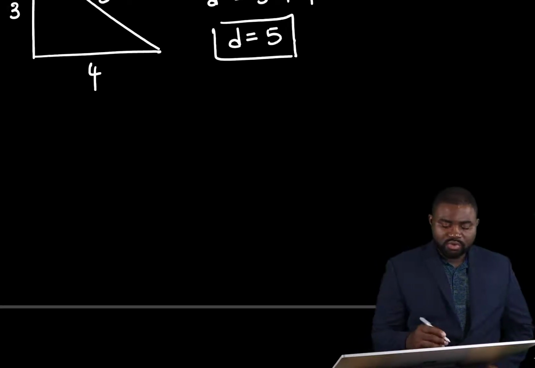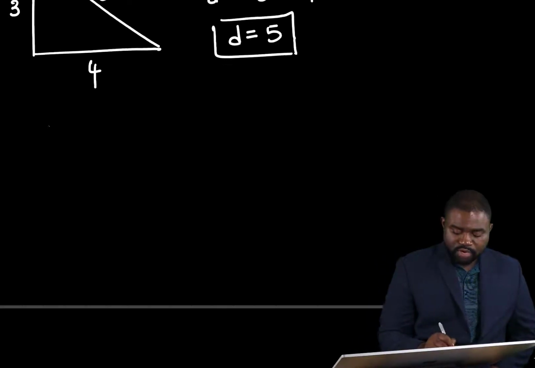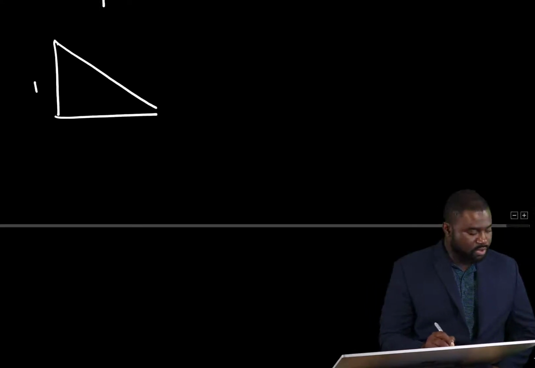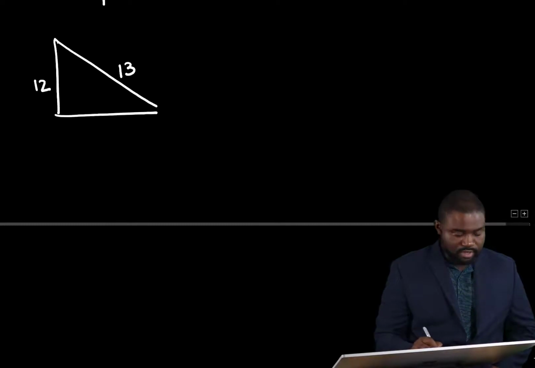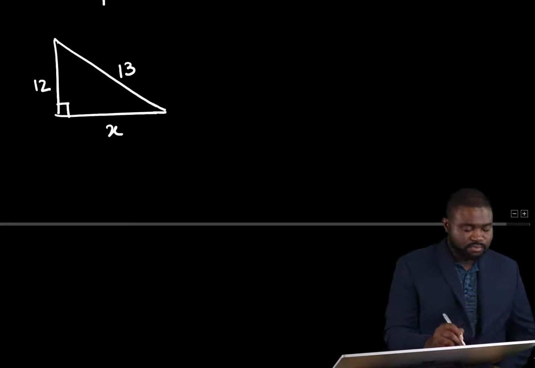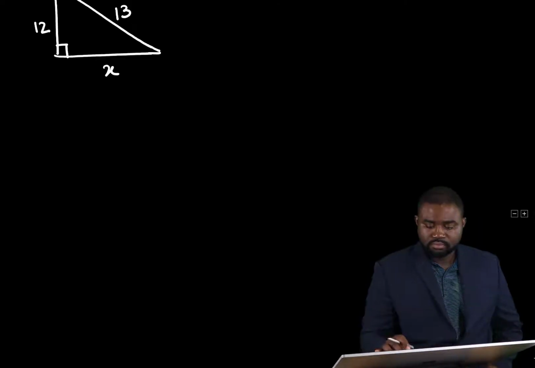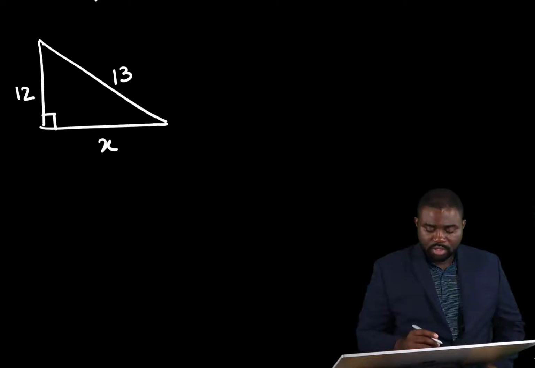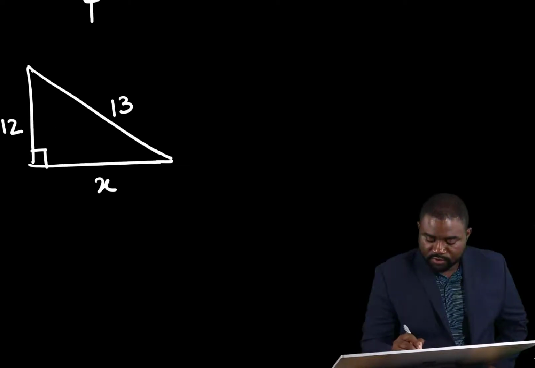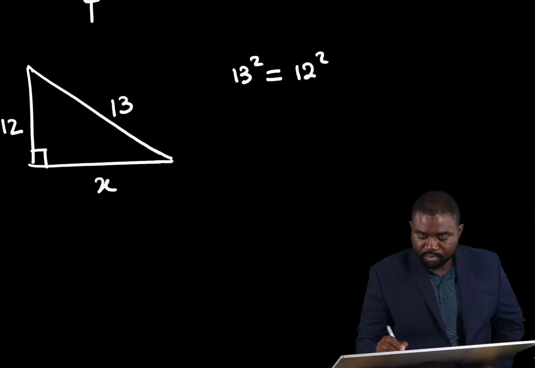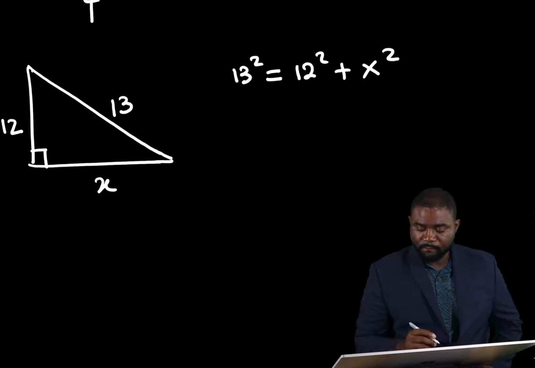Suppose you have another triangle. This is 12, this is 13, and this is X. This is a right angle, and we are asked to calculate X. In this case, we know that 13 squared is equal to 12 squared plus X squared.